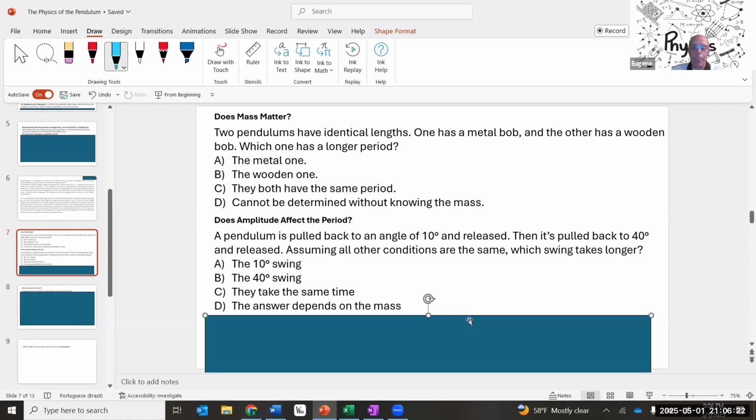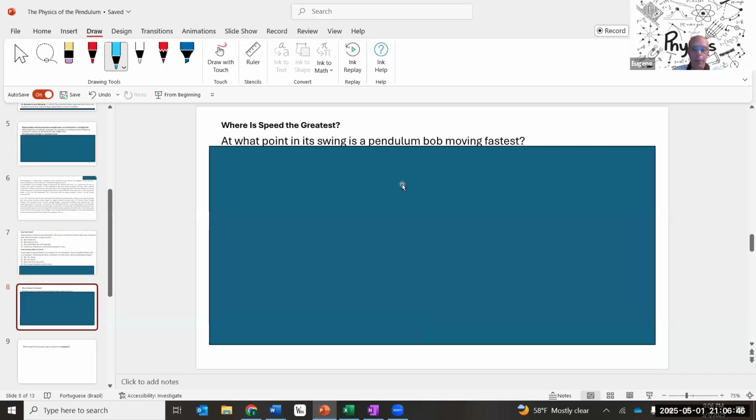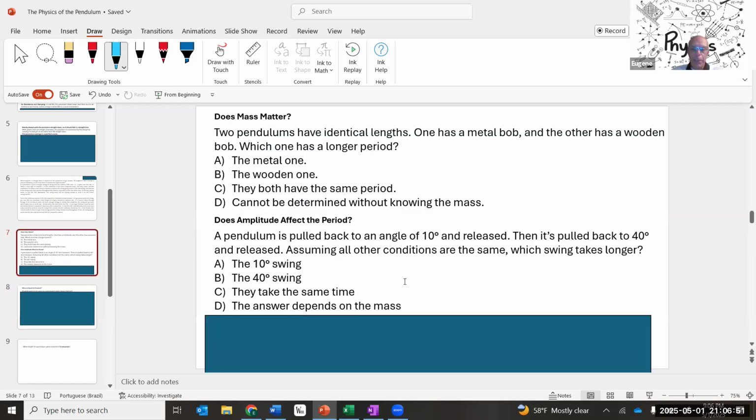If the amplitude goes almost to 180 degrees, it's not going to follow that rule. It's just a fact of the calculations. So it's not true here, only for small angles. So would the answer be 40 degrees takes longer? Yeah, it takes longer, right?